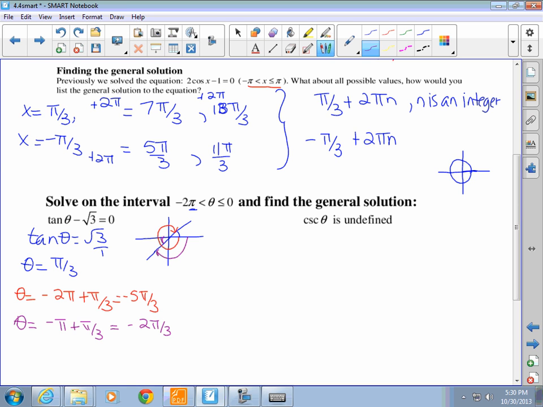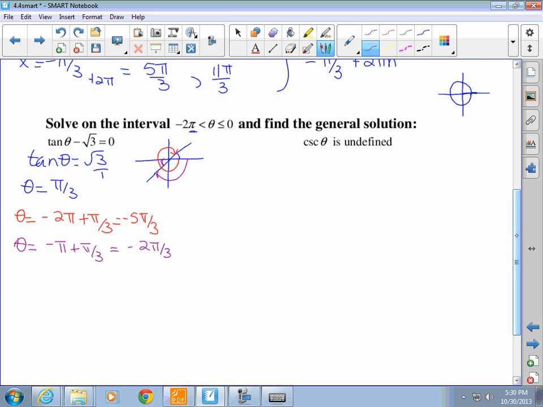So this is called my principal angle. My general solution then, for my first one, I would use negative 5 pi over 3 and then add 2 pi n to it. For my second angle, I would be using negative 2 pi over 3 and adding 2 pi n to it.